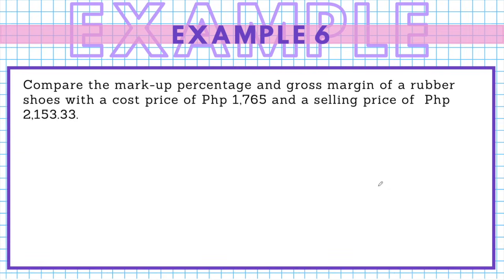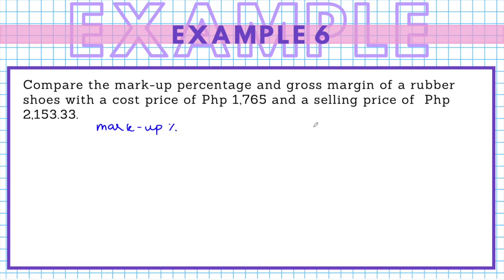So let us determine the difference between a markup percentage and a gross margin of a rubber shoes with a cost price of 1,765 and a selling price of 2,153.33. So if we are to compare it, let's write here the markup percentage.